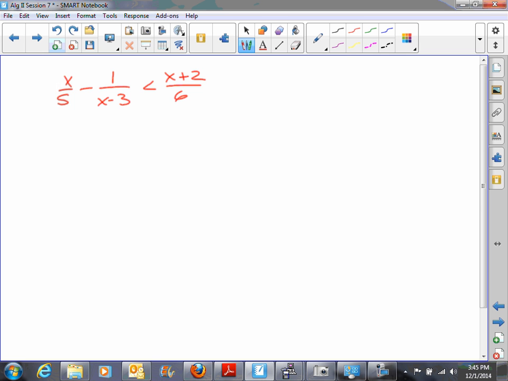Now, the problem with the inequalities is we don't really know. If we multiply both sides of this inequality by x minus 3, we don't really know if x minus 3 is positive or negative. If x is 2, x minus 3 is negative. If x is 4, then x minus 3 is positive. So we need to be able to handle this in a different way.